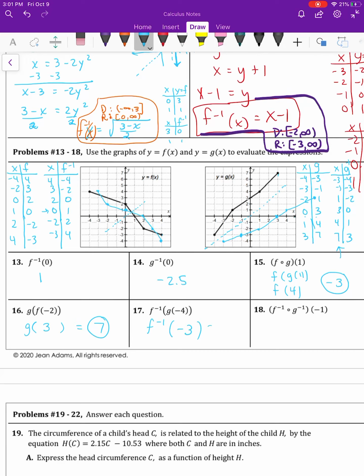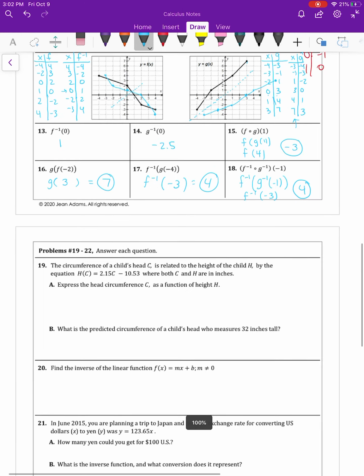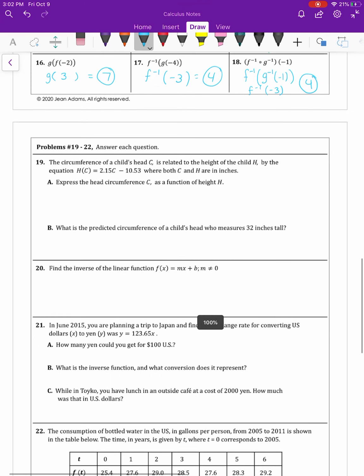F inverse of negative 3 is 4. And this one is f inverse of g inverse of negative 1. So I go over here, g inverse of negative 1 is negative 3. So f inverse of negative 3 is 4. So those last two were both 4s. I hope that made sense.